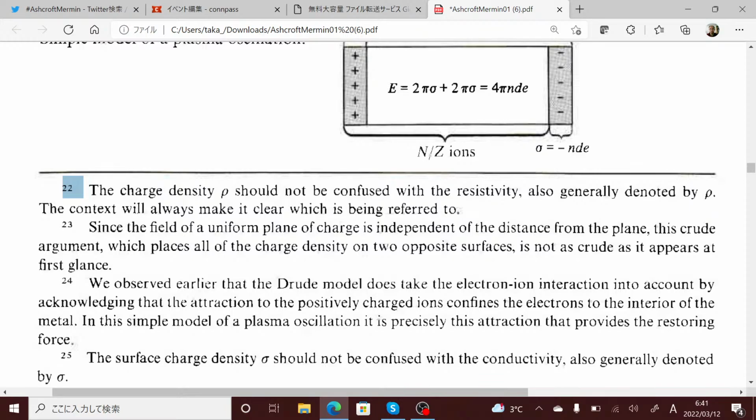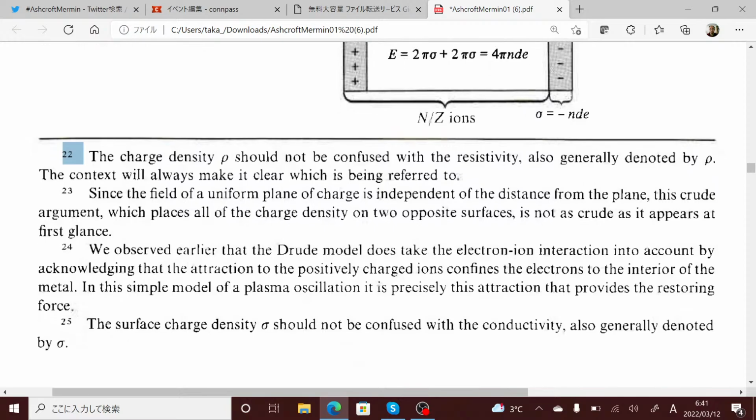This crude argument, which places all the charge density on two opposite surfaces, is not as crude as it appears at first glance. Number 24.